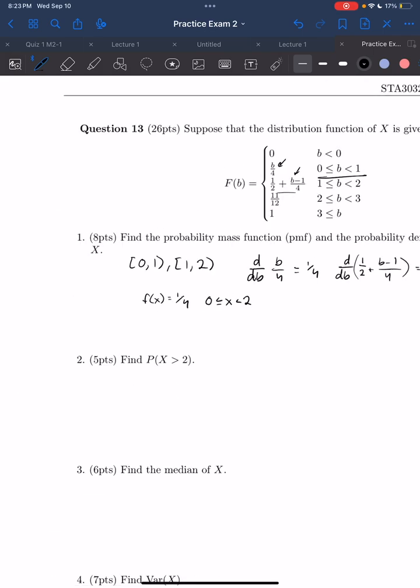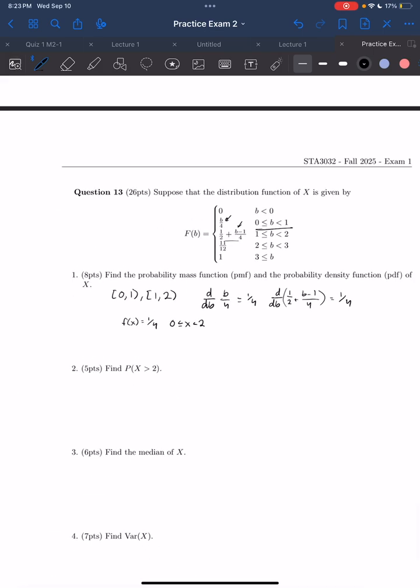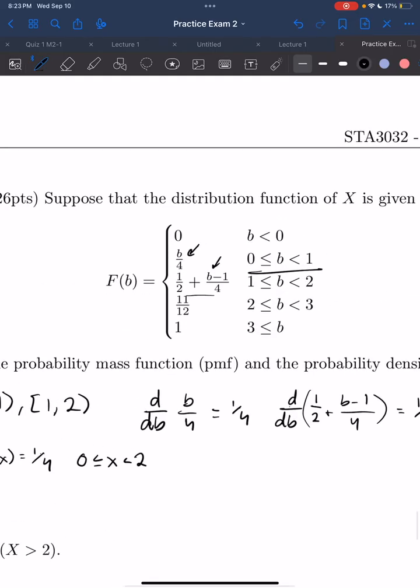Okay, so now that we've got our probability density function, we can solve for our probability mass function of our discrete points. So let's find our discrete points. So our discrete points will be where we have jumps in our function. So over here this range goes from 0 to b is less than 1.